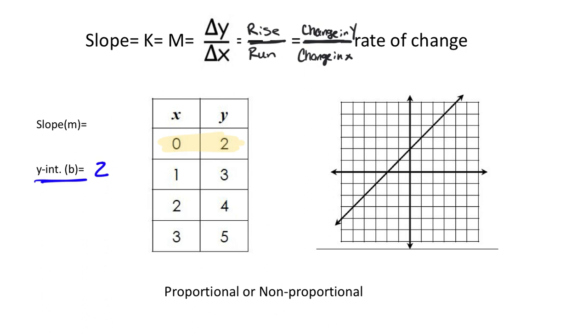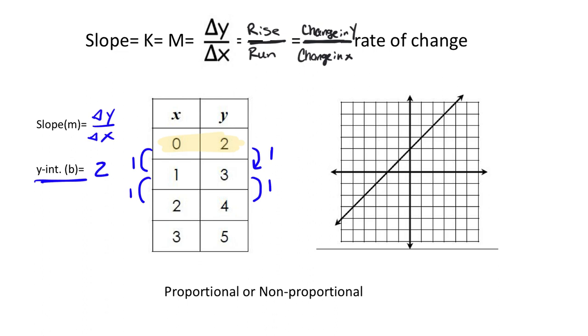So now to figure out slope. From here to here, I have a change of 1. From here to here, a change of 1. From here to here, 1. From here to here, 1. So slope is the change in y over the change in x.